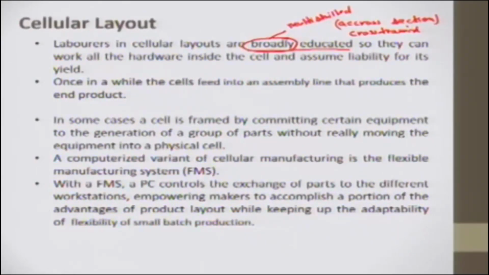They are cross-trained or multi-skilled so that they can work on all the equipment inside the cell and assume liability for its output and take responsibility.